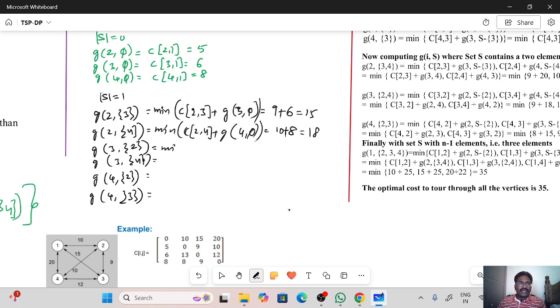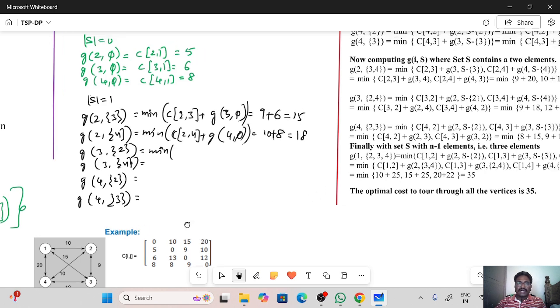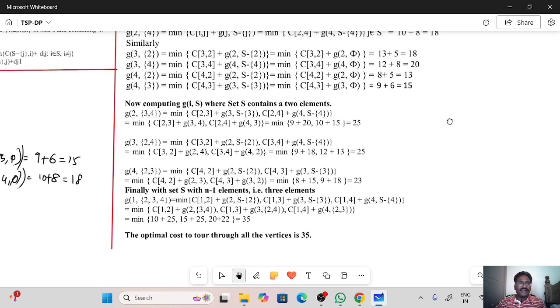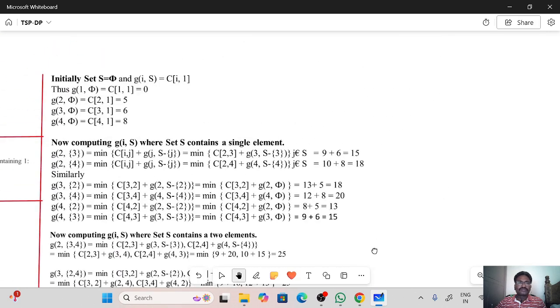Now, you will find g of 3 2, g of 3 4, g of 4 2, g of 4 3. For our convenience, I already evaluated those values. So, set length 0 is over and set length 1 is over.